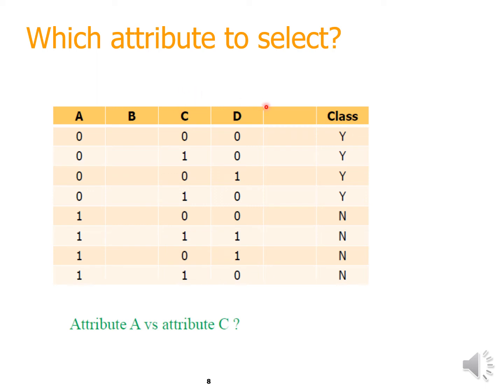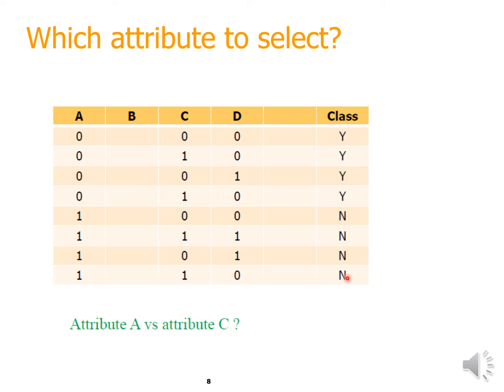We cannot tell whether the value is Y or N. When attribute C is 1, same story: you have 2 Y and 2 N. So again, we cannot tell whether the class value is Y or N. We need additional information. Knowing the value of attribute C, whether 0 or 1, doesn't help in predicting the class value.